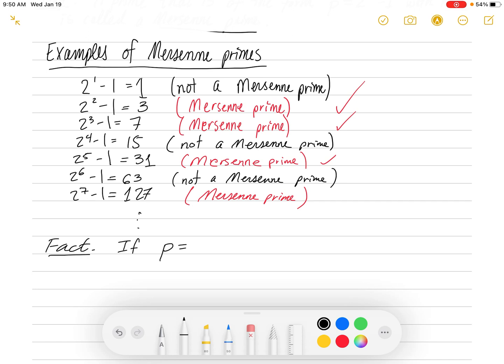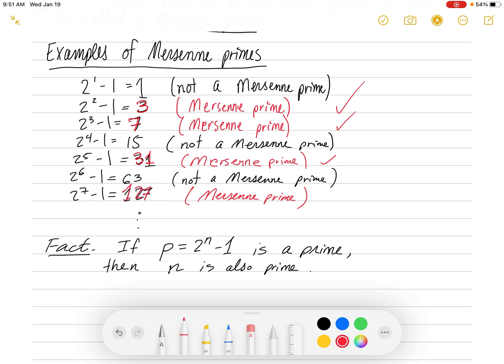If P is of the form 2 to the n minus 1 and is a prime, so that means it's a Mersenne prime, then n must also be prime. For example, notice the primes we had: 3, 7, 31, and 127.